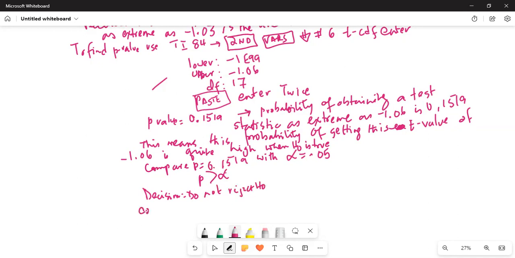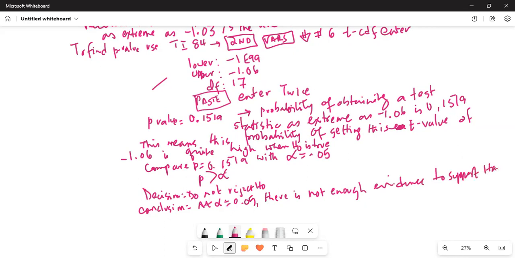Okay. Conclusion is at alpha equal to 0.05, there is not enough evidence to support HA.